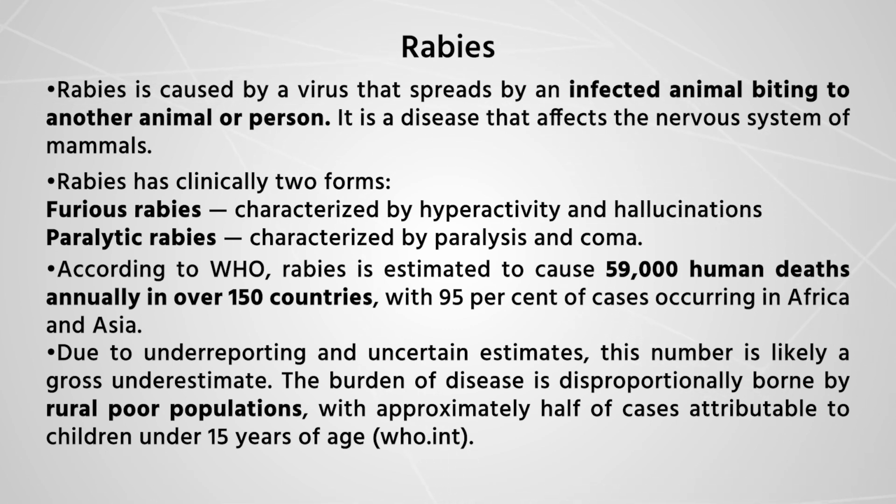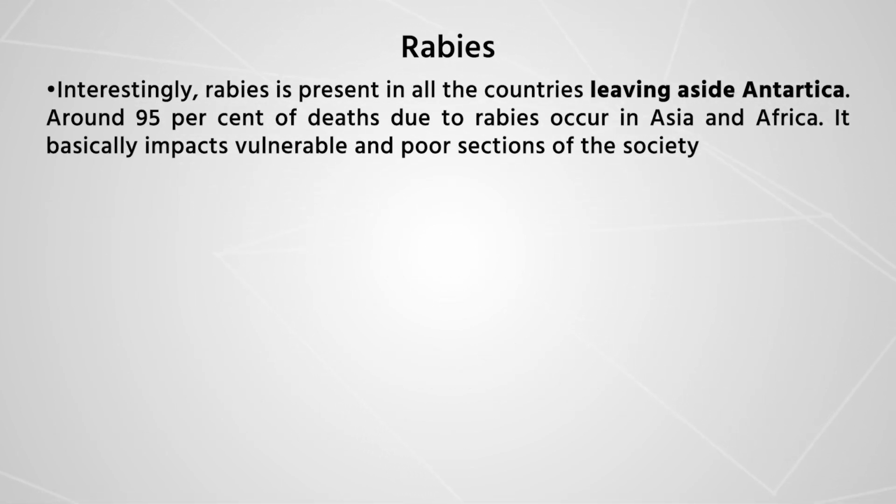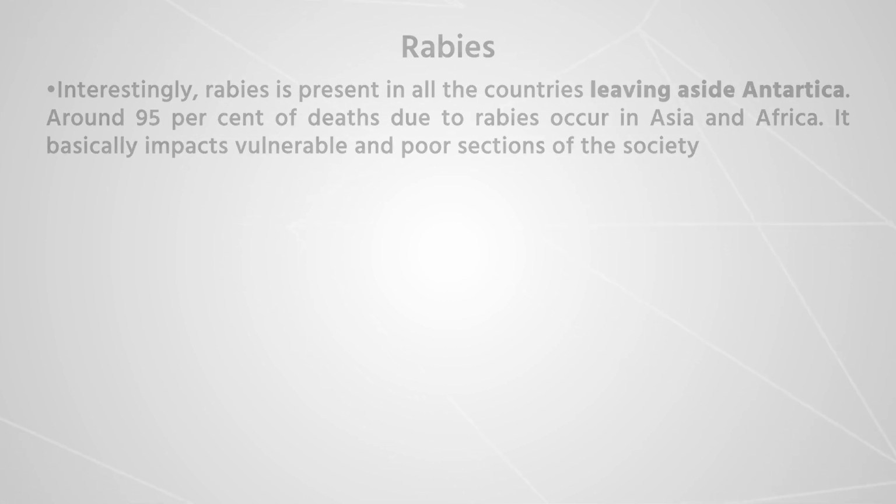The burden of disease is disproportionately borne by rural poor populations, with approximately half of cases attributable to children under the age of 15 years. Interestingly, rabies is present in all countries leaving aside Antarctica. Around 95% of deaths due to rabies occur in Asia and Africa. It basically impacts vulnerable and poor sections of society.